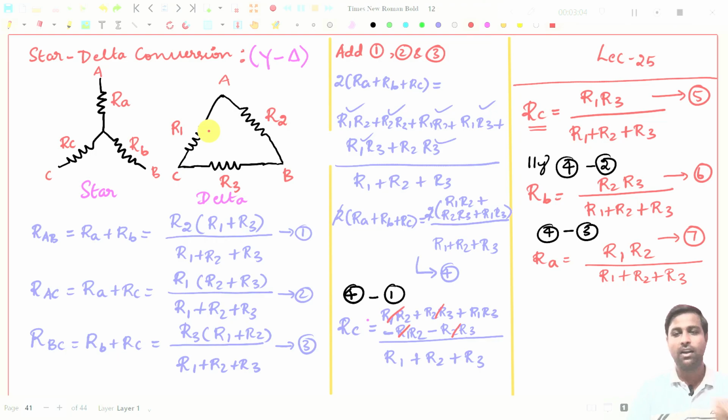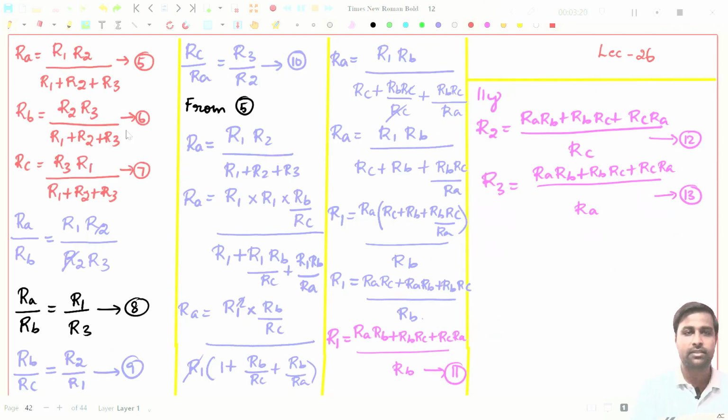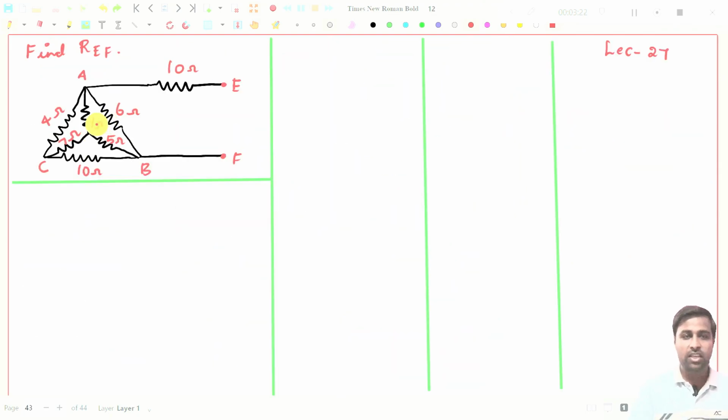For that only we have derived the equations, and this has to be RA, this has to be RB, and this has to be RC. That should be very clearly taken. See, here it is RA, this is RB, this is RC.